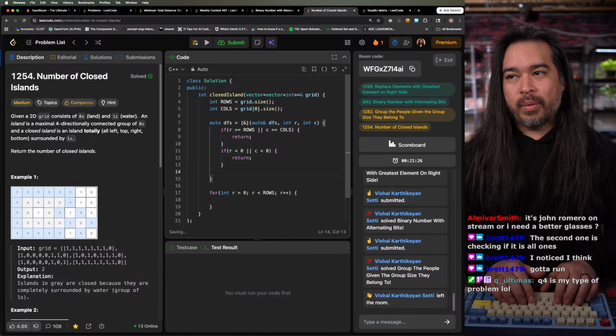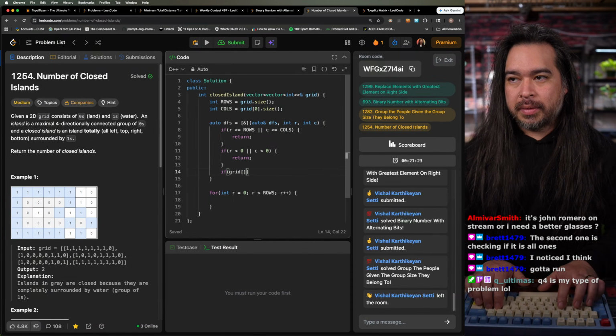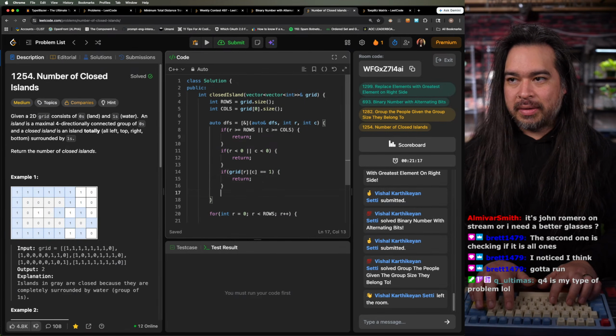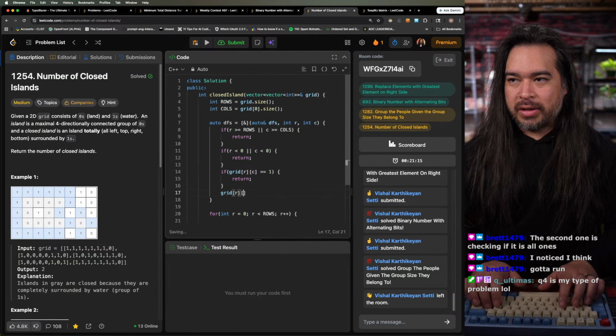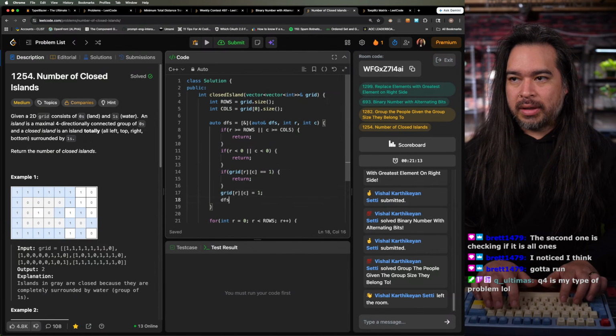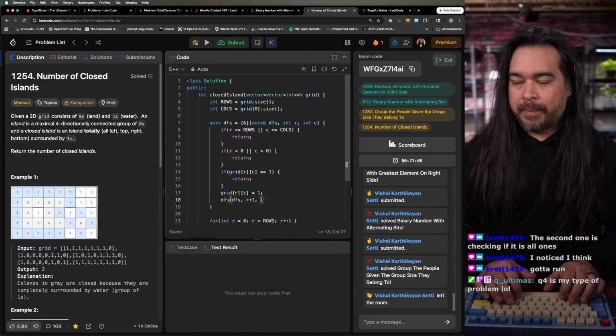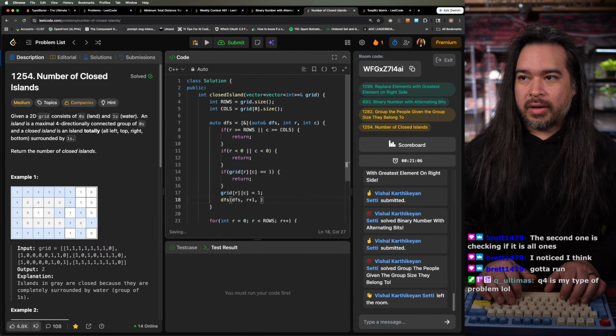If it's a water, we should return. If it's a land, we should turn it into a water. And then we should DFS all 4 directions.